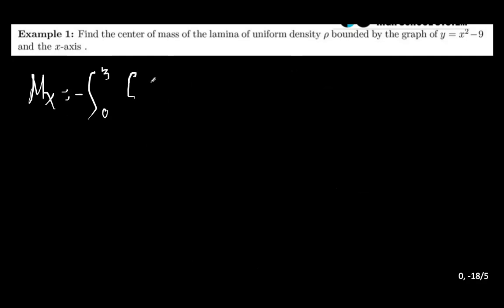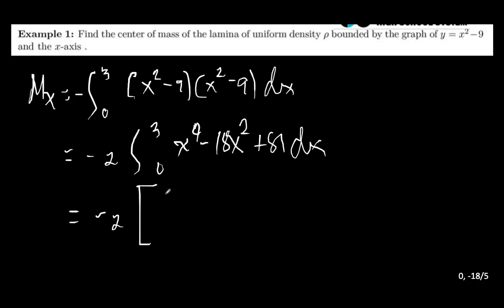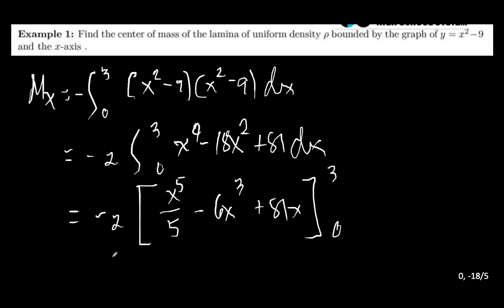So we have x squared minus 9 times x squared minus 9 dx. This becomes negative 2 with 0 to 3 of x raised to 4 minus 18x squared plus 81 dx. If we integrate this, we have x raised to 5 over 5 minus 6x cubed plus 81x from 0 to 3. There we go.